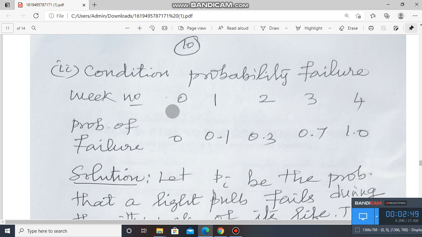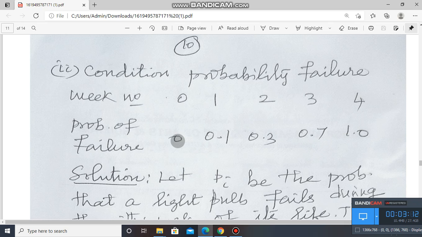Now we have to find the individual probability. For the first week, what would be the probability? For the second week, the third week, the fourth week, we have to find out. So how is that possible?